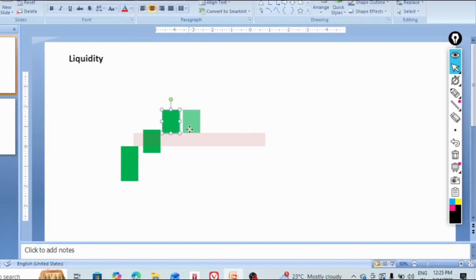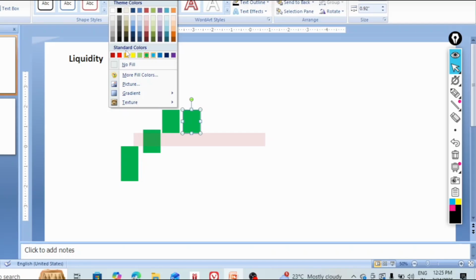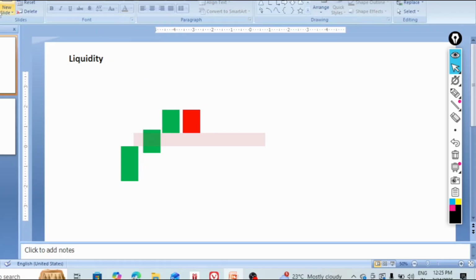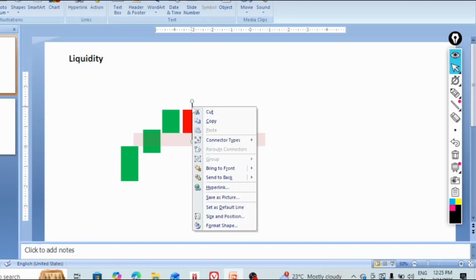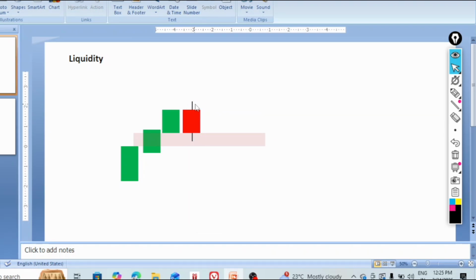If the market comes and mitigates this gap, suppose it has mitigated this gap, let me explain how the fair value gap has become a liquidity level.